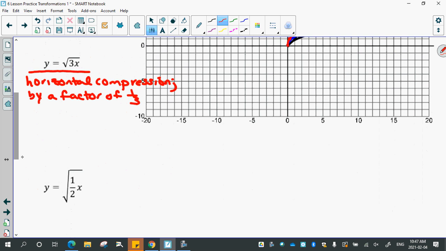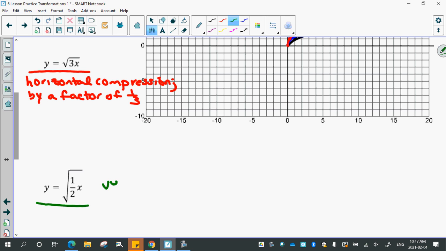Okay, y equals the square root of 1/2 x. So it looks like I'd be halving the over, but what do you think I'm actually going to be doing to the overs? Doubling them. Yes, I'm going to be doubling my overs. So it looks like I should be halving them, I'm actually doubling them. So this one is going to be, what color have I not used yet? Green.